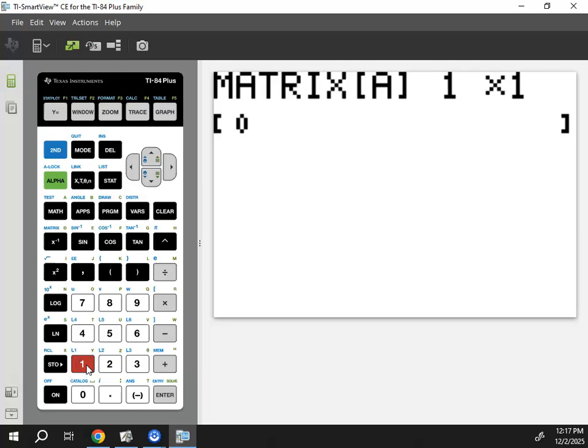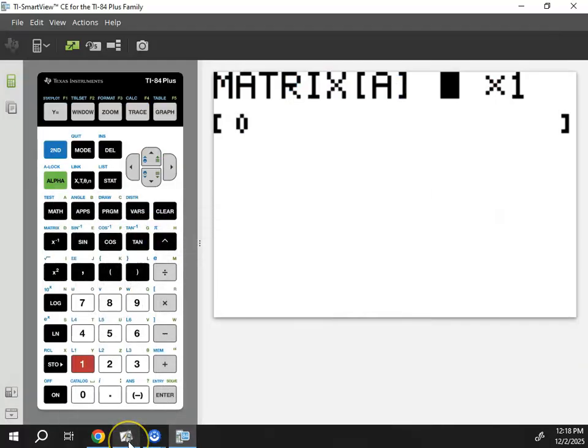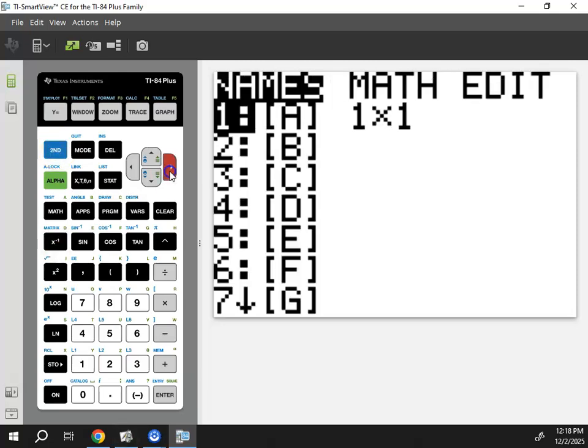Now, if you look over here, and I'm going to have to look at my paper too because I can't do both, this is matrix A. Did you not get this? Okay. Well, then I don't think you went over far enough. So second matrix, I think you were in math.